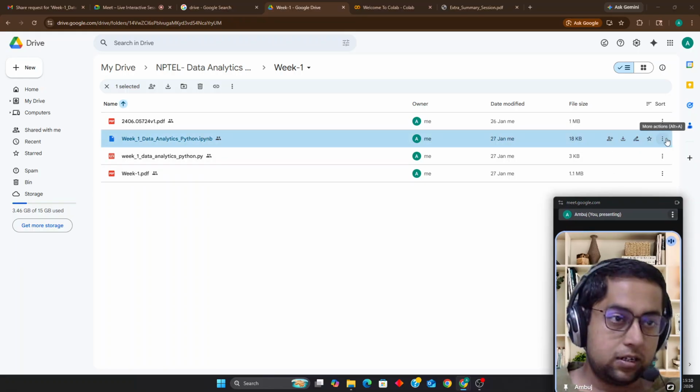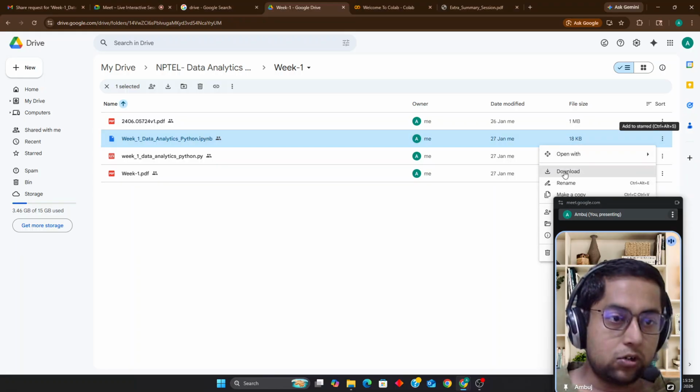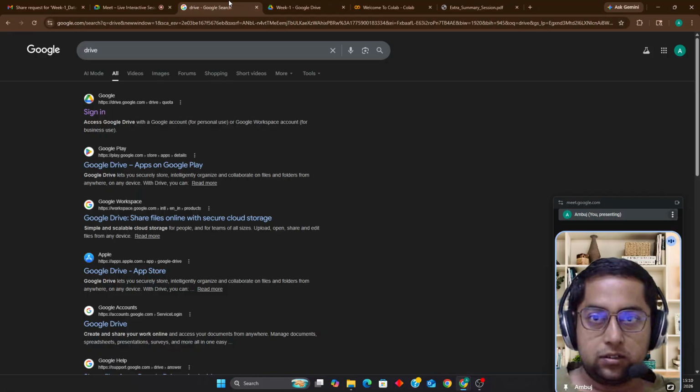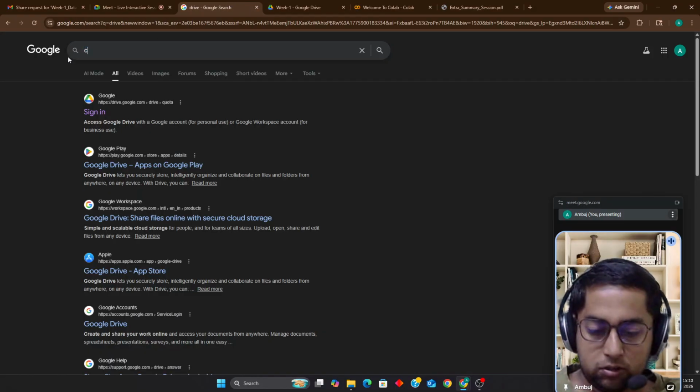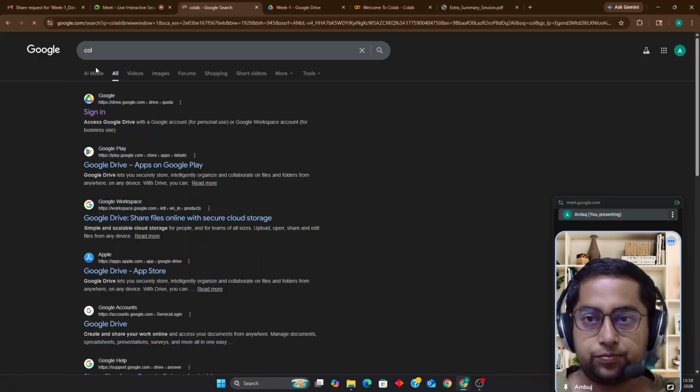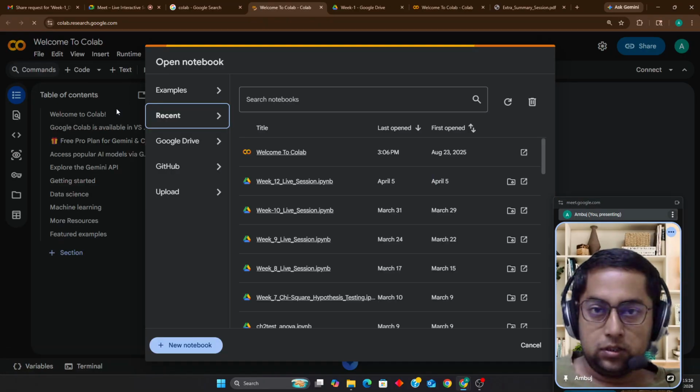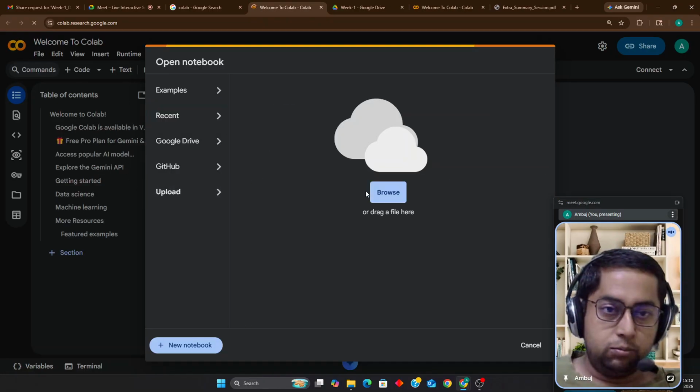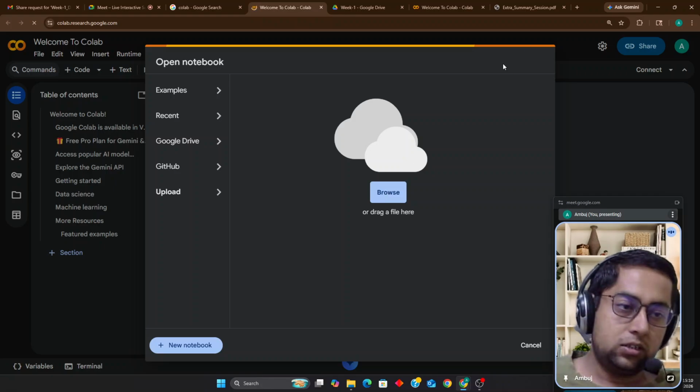You just click here, then click on the three dots, more, and download it. After downloading, type Colab, go to Google Colab, upload here, and browse the location where you have downloaded the notebook. This is the standard procedure which you have to follow.